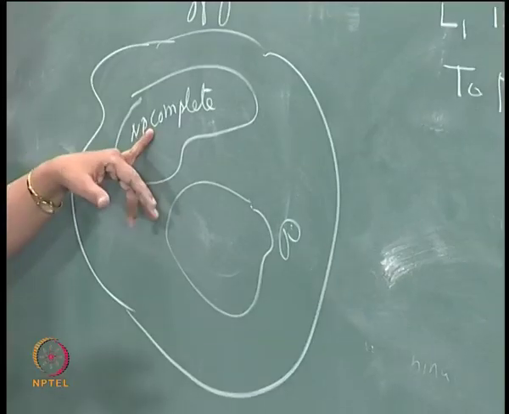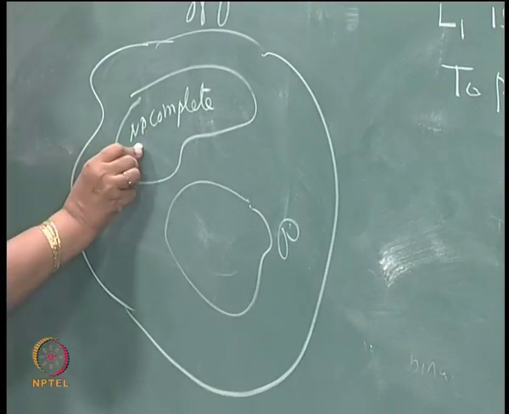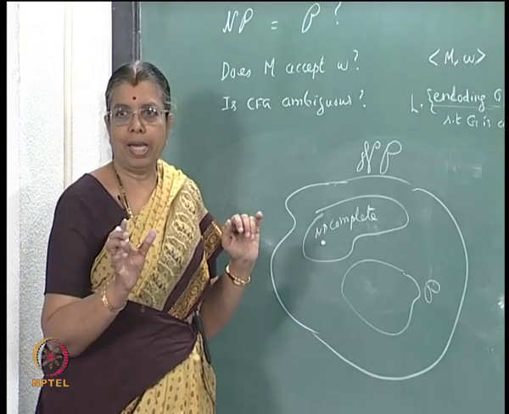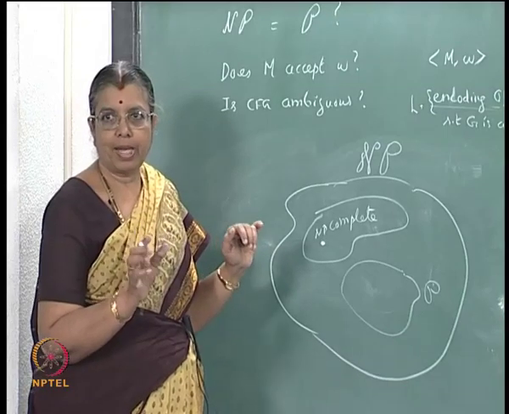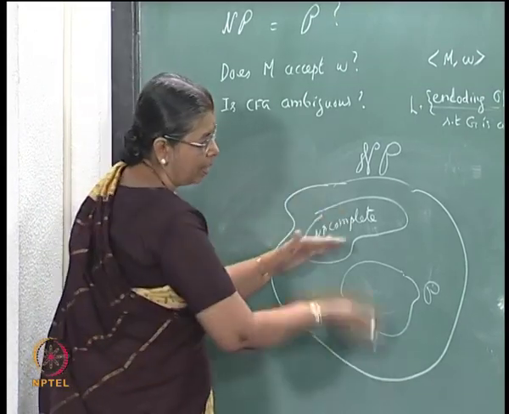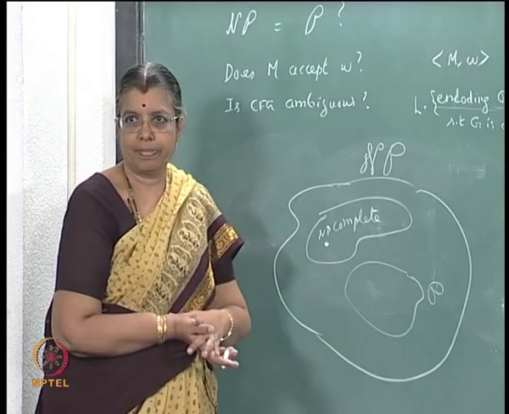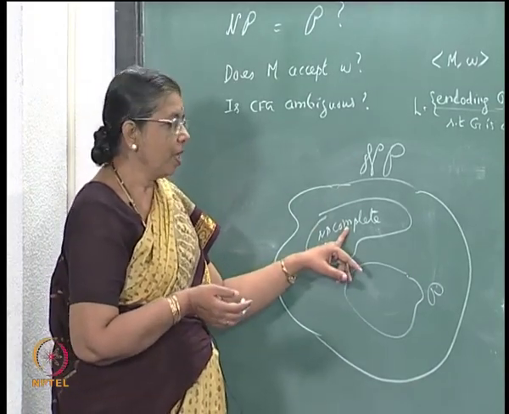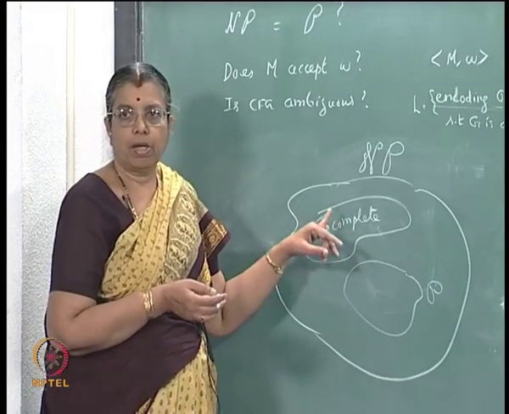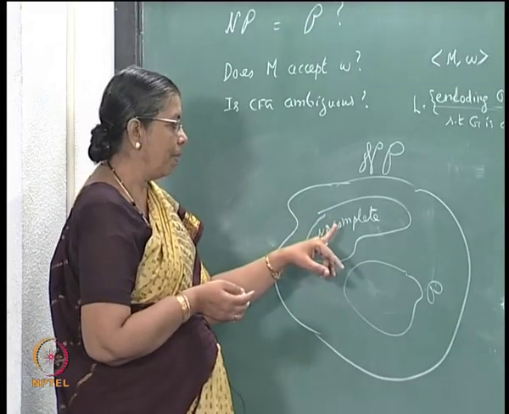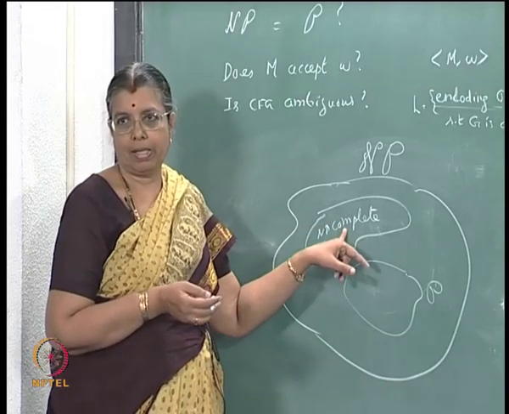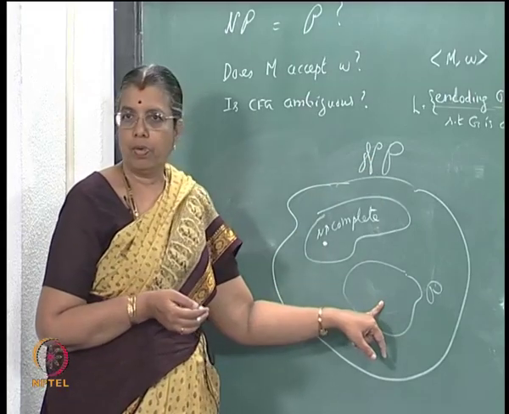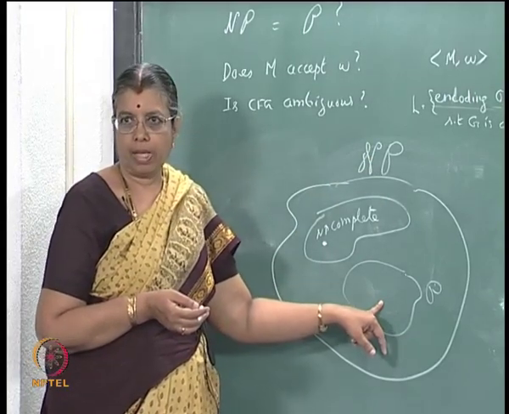These problems are such that even for one problem, if you give a deterministic polynomial time algorithm, everything collapses, P becomes equal to NP.